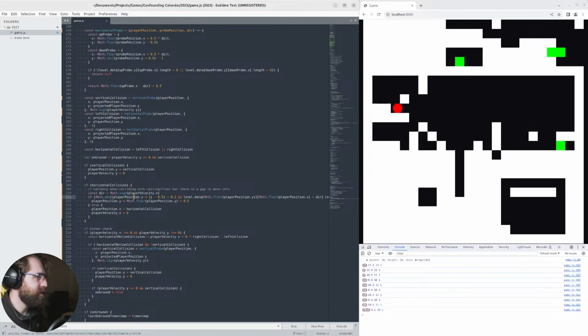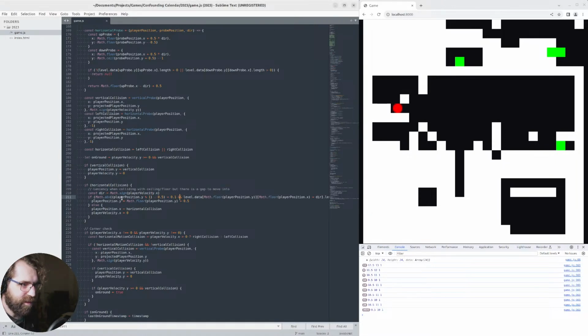Let me commit, because what have I just done? Loads of stuff. I guess I fixed bad collisions when frame rate slow. Okay.